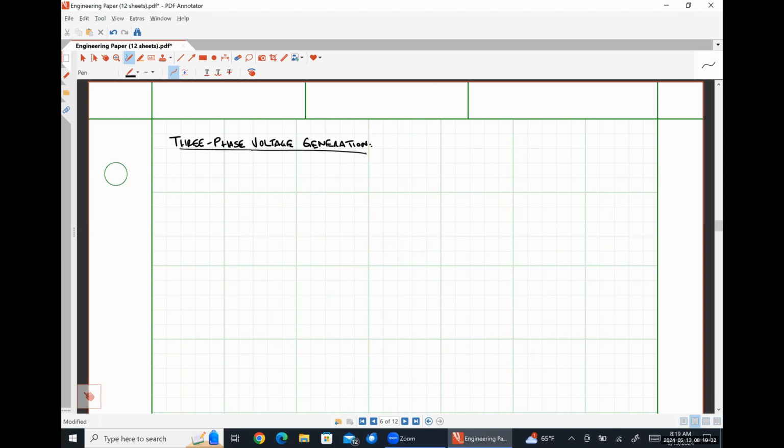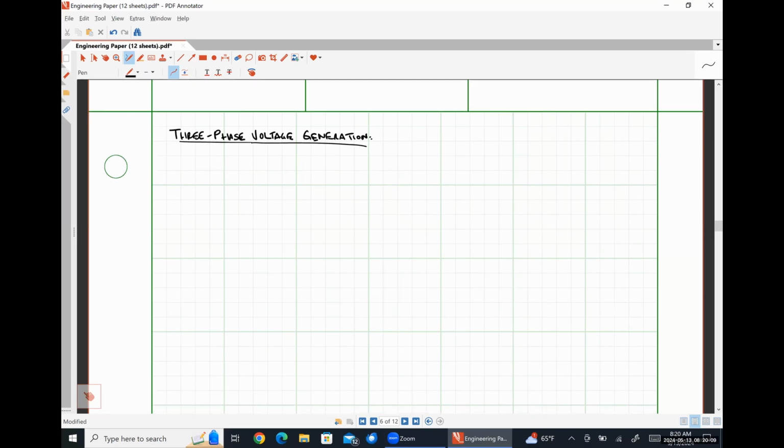And what I'm attempting to draw is a very simplified representation of what's called a synchronous generator. So synchronous machines match the input frequency exactly. So the electrical frequency that we input, the mechanical frequency is effectively the same thing. They are locked into each other, which is why they are typically used for generators, so that we don't have to worry about frequency drift and all of that kind of good stuff, okay?